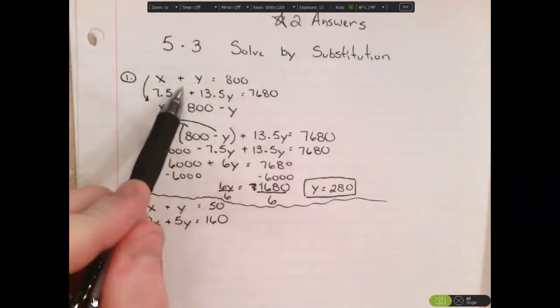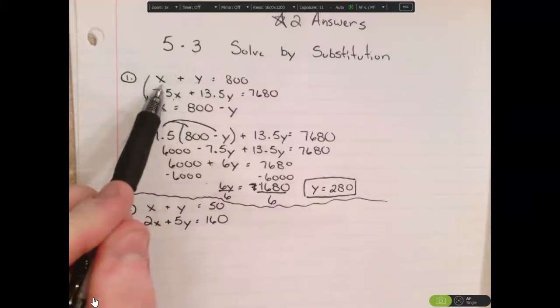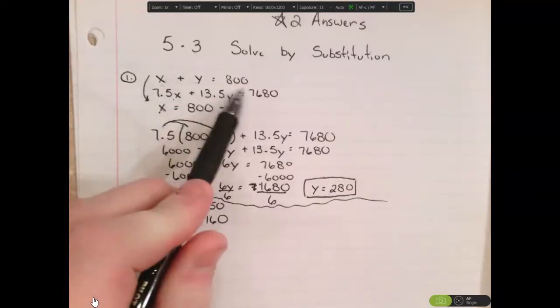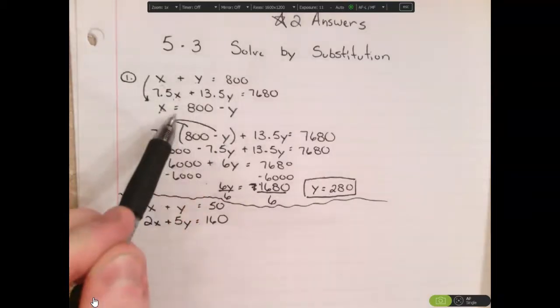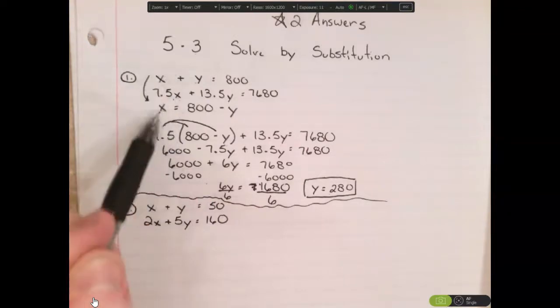This first equation, guys, is not a bad equation to use either. If you plug 280 in, you want to get x by itself. You subtract 280, you're really doing the exact same thing that we're doing here on the last equation. So I would choose the first or the third equation to plug my y equals into. So x equals 800.